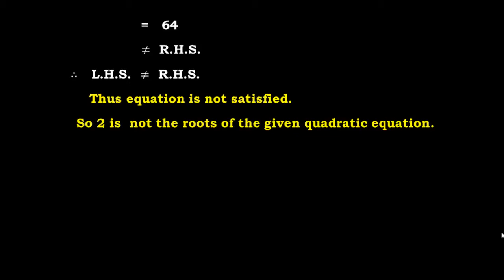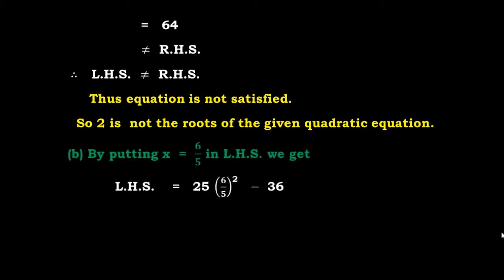Now see the next one. By putting x equals 6 upon 5 in LHS we get 25 into 6 upon 5 the whole square.